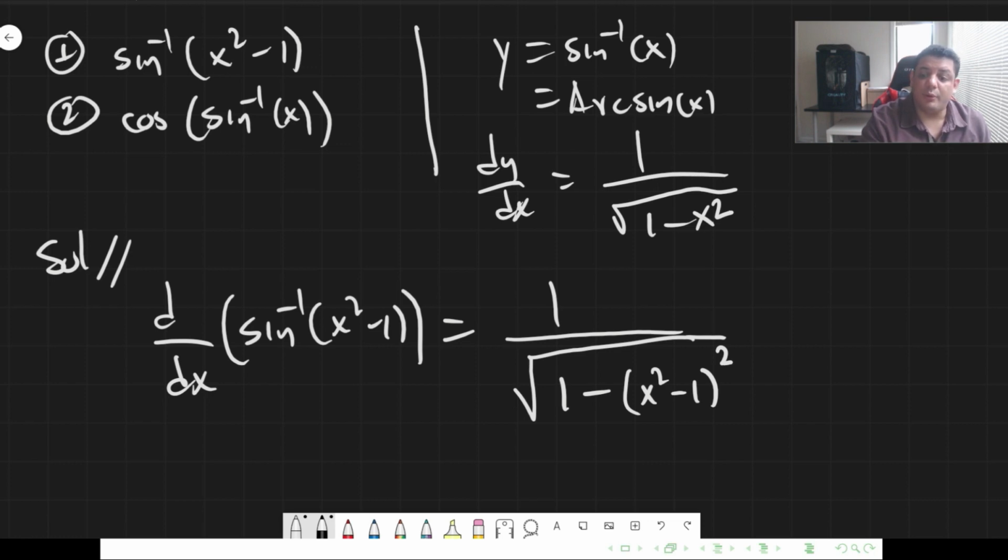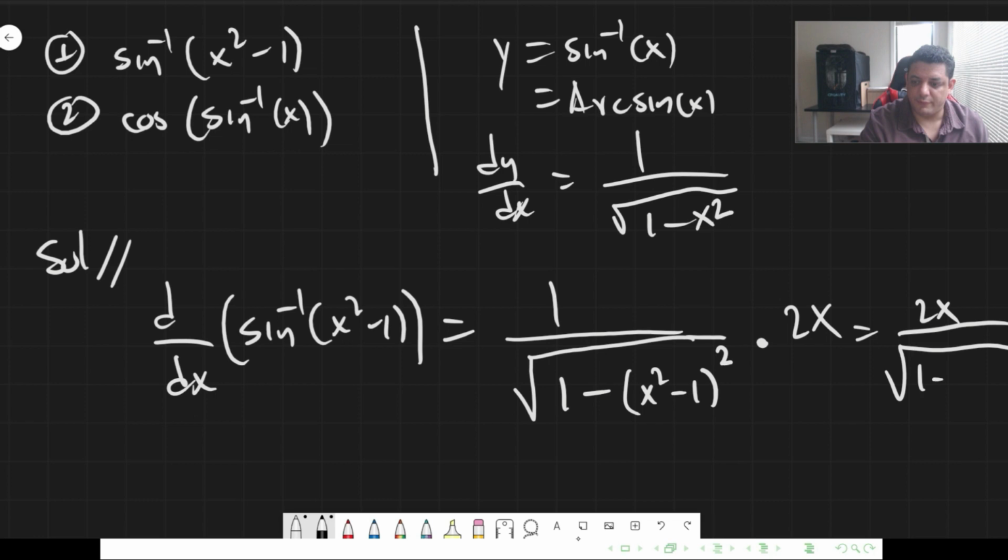And now we're going to multiply by the derivative of the function inside, which is 2x, the derivative of x squared minus 1. And so this is pretty much the solution. Okay, so 2x over the square root of 1 minus (x squared minus 1) squared. Okay, so that's the solution for A.